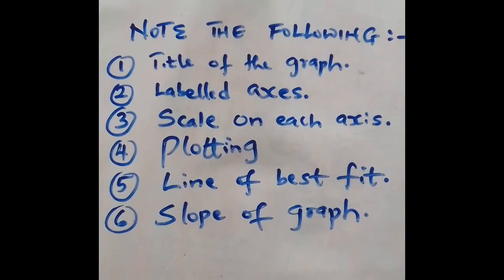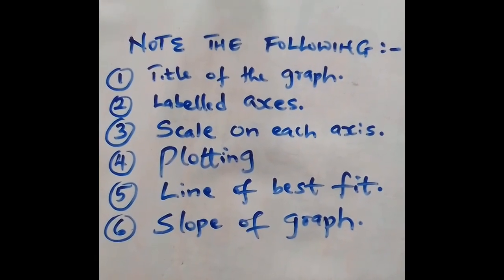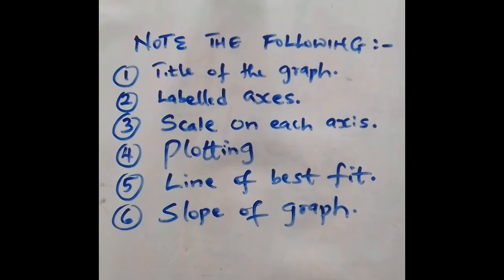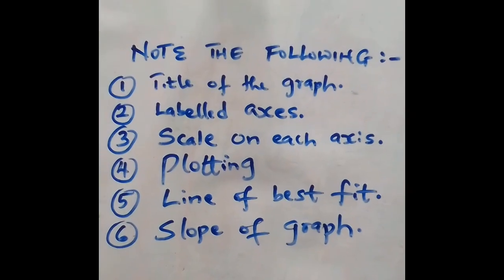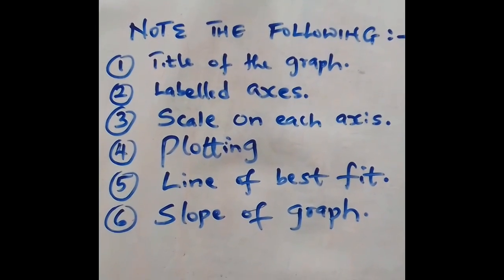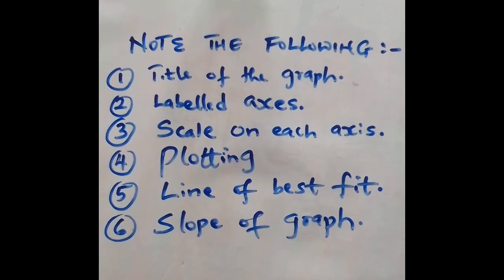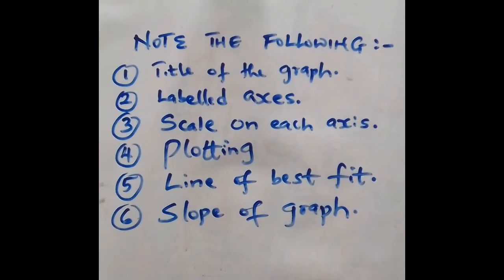Then you must use a suitable scale for each of the axes. You should use a scale that will at least make your plotting or the graph occupy even more than half of the graph sheet.